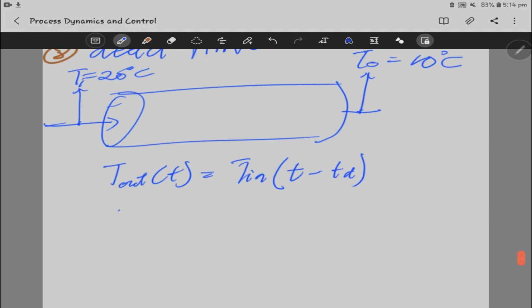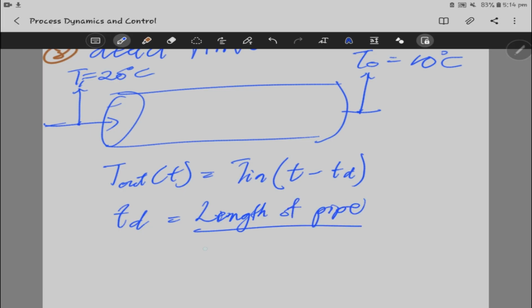For this dead time, it is described like this: we have the length of the pipe, all over the velocity of the fluid in the pipe.